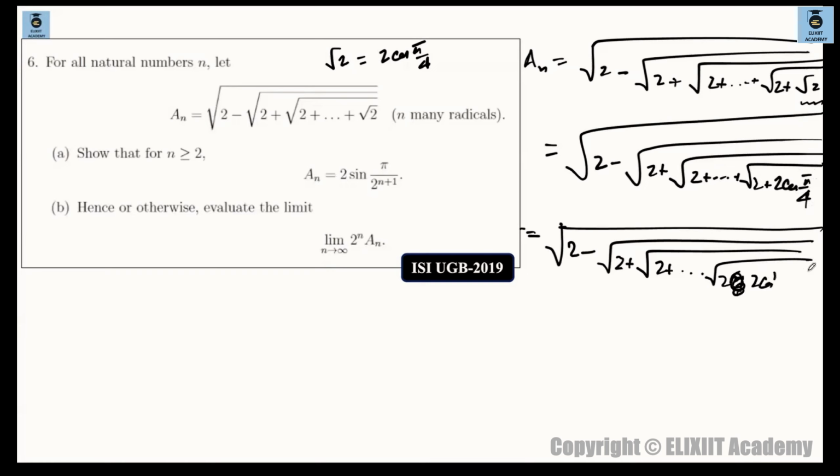So 2 cos square theta by 2 माने theta by 2 times 4 माने 8. ठीक है, 8 हो रहा है.